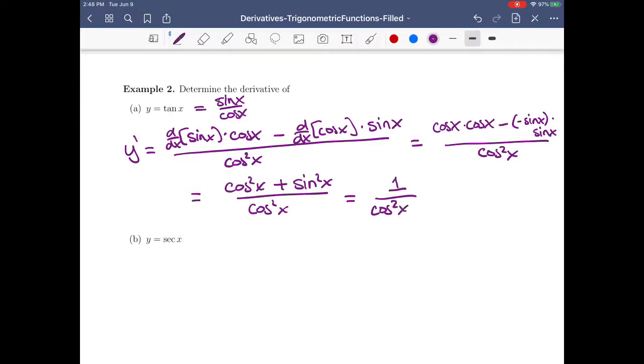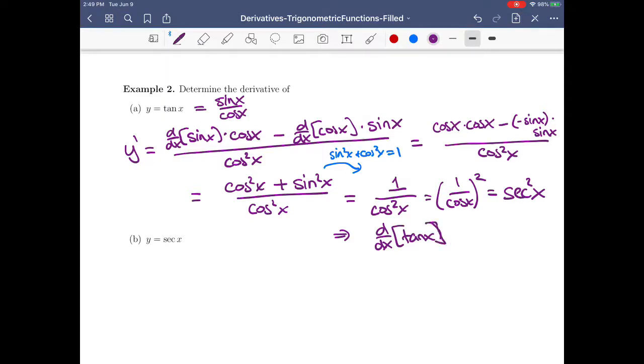And 1 over cos x, all squared, is secant squared x. So the derivative of tan x is secant squared x.